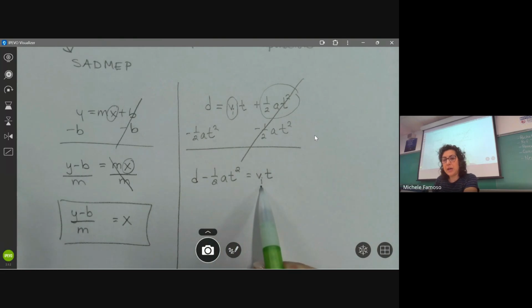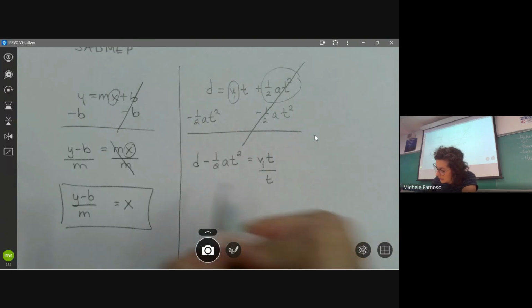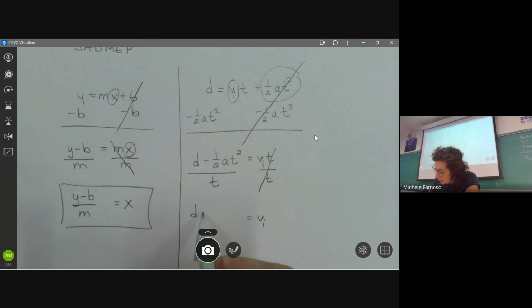So to keep the vi where it is, what do I have to do now? Yeah, divide both sides by t. So I'm left with the equation v subscript I is equal to d minus 1/2 a t squared all over t.